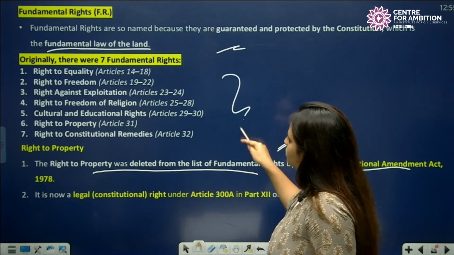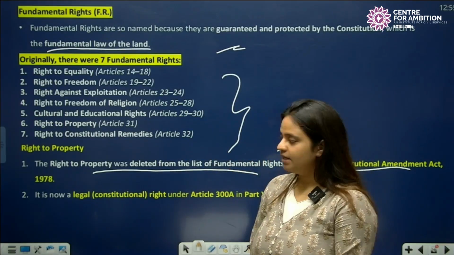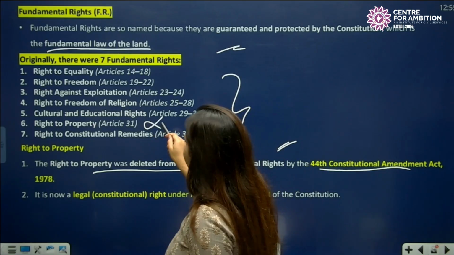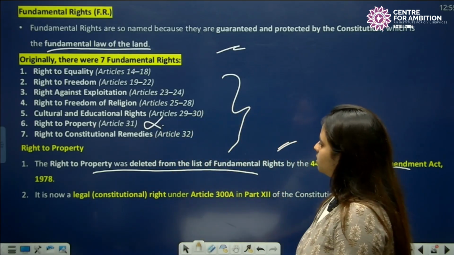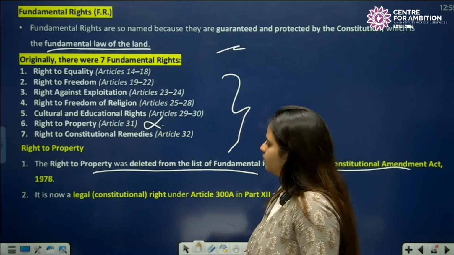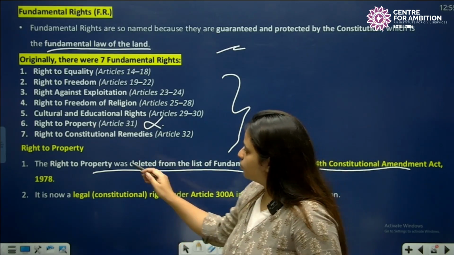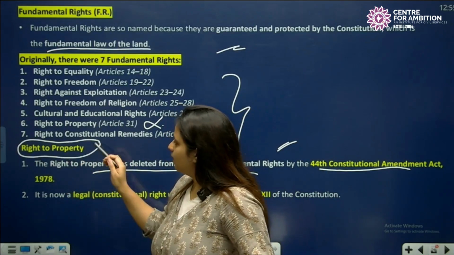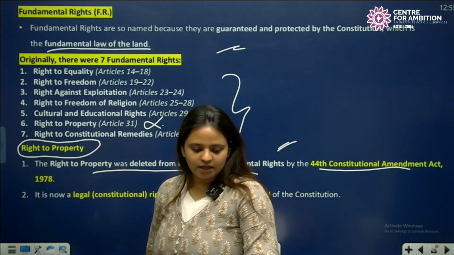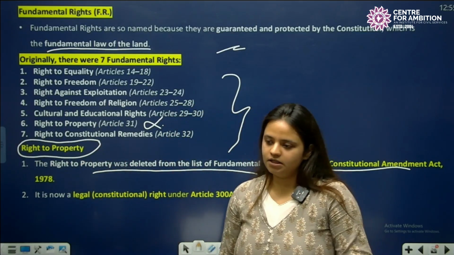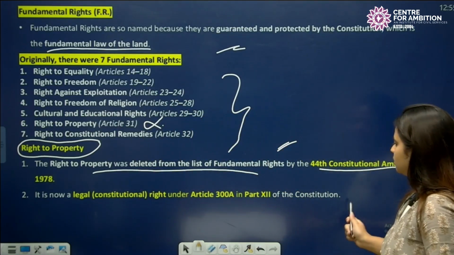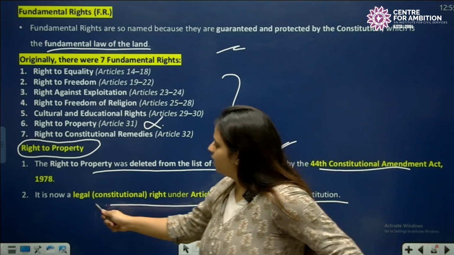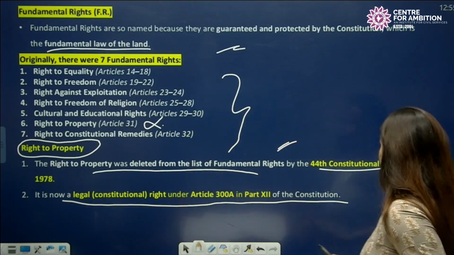Now we have 6 fundamental rights. Right to property is no longer a fundamental right but it is a legal right, Article 300A and Part 12 of the Constitution. So we still have it in our constitution, but it is not a fundamental right.